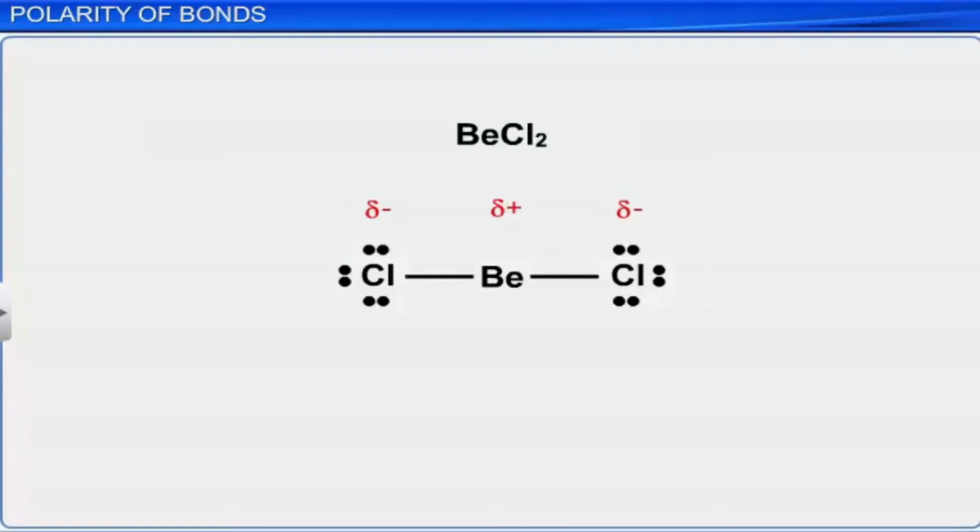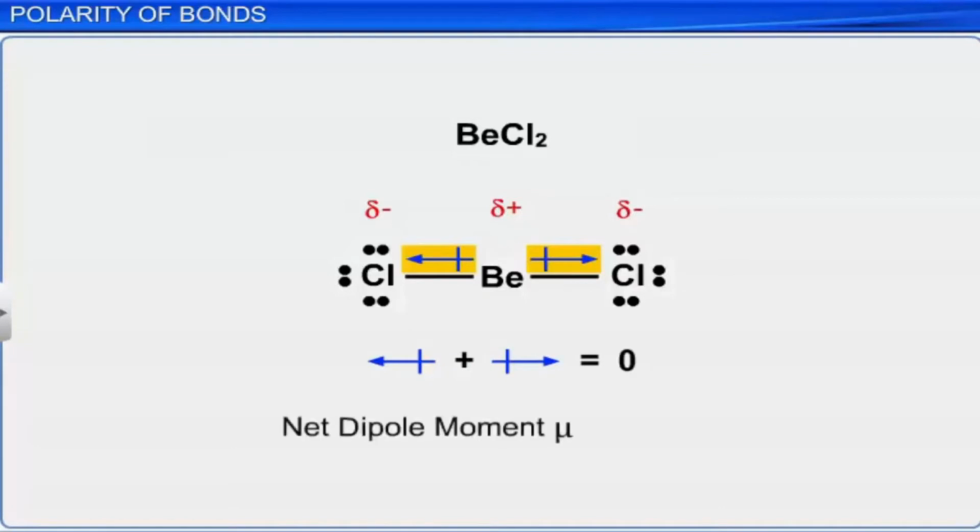The bond dipole between the two beryllium and chlorine bonds is represented as shown. As the two equal bond dipoles are in opposite directions, their vector sum is 0. So, the net dipole moment is 0.